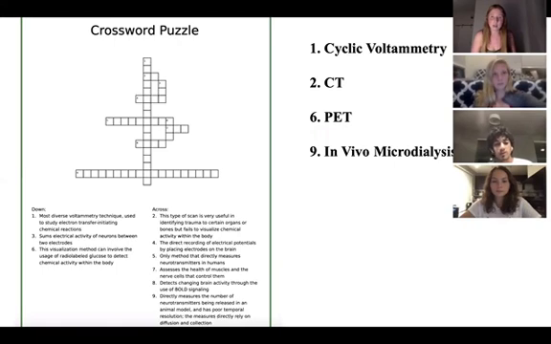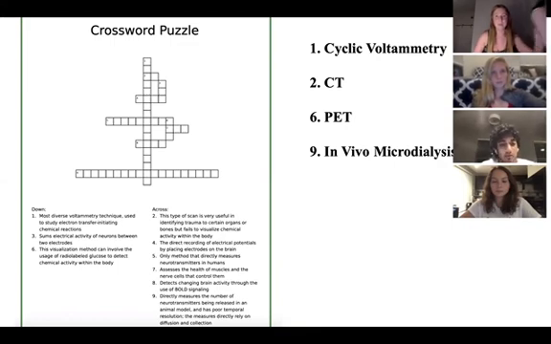Neurotransmitters make their way across the semi-permeable membrane and are collected in a collection apparatus when a specific response is elicited by the animal.